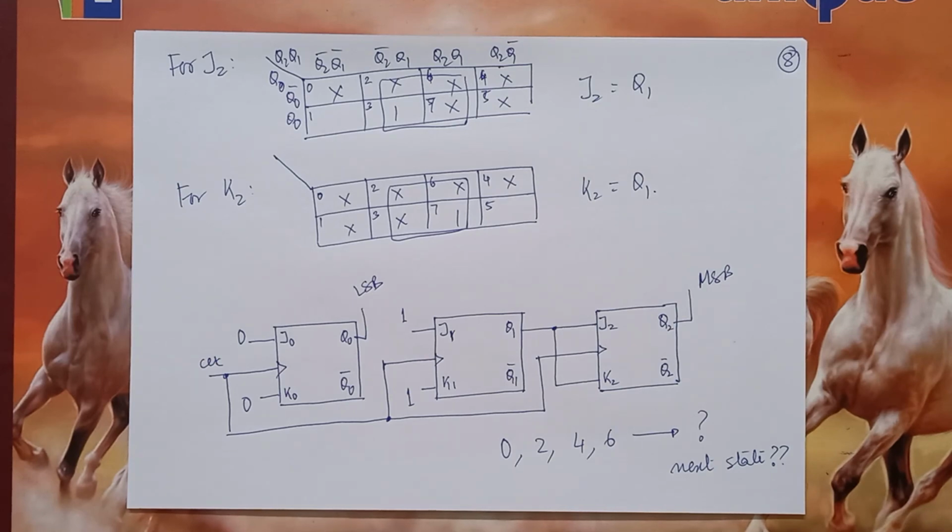But using this technique, you can generate any random count also. Suppose I have to generate 2, 1, 6, 5, 4, then 7, I can still do that. All I have to do is design my state table properly.